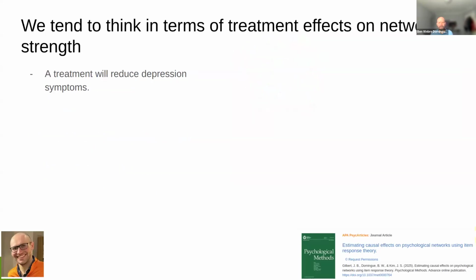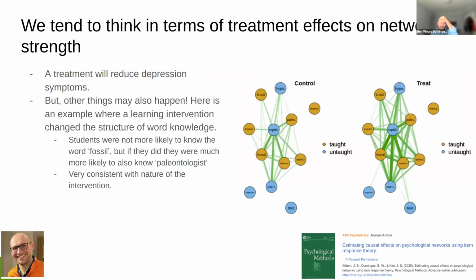To continue on how this works with RCTs, I want to give you an example with a vocabulary test, which is the test we focus on in this paper. What Josh shows is that the intervention did not really help students know more words per se. A student was not more or less likely after the intervention to understand the word fossil, for example.